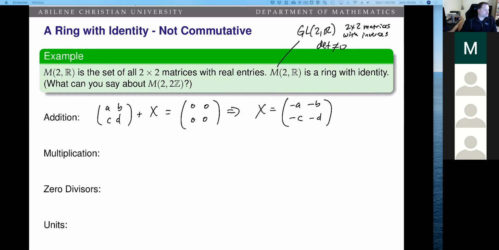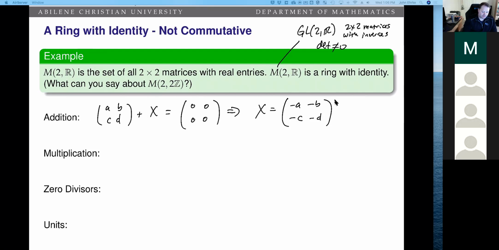So that's easy enough. Addition is pretty easily explained. You add matrices component-wise. So the reason you get 0 here is A plus negative A is 0, B plus negative B is 0, and so on. So addition is pretty well defined here. We do have additive inverses. There's nothing really to worry about.